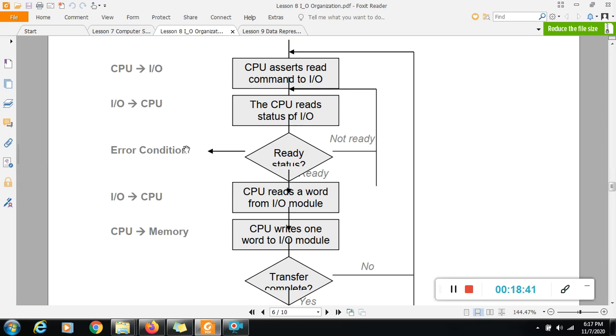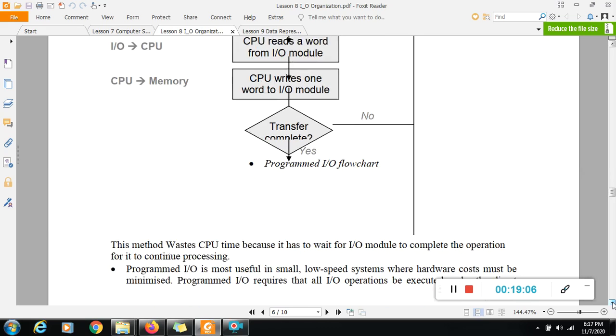Is there an error condition? Report the error condition. If the I/O is ready, CPU reads a word from the input-output module, and writes one word to the input-output module. If it wants the input-output module to transfer that to the memory, then the transfer is complete. And that's how the I/O module works in programmed I/O.